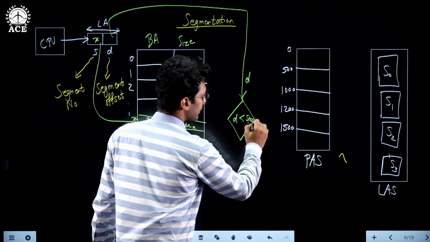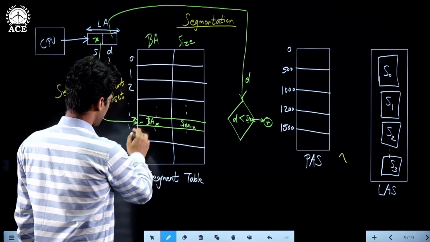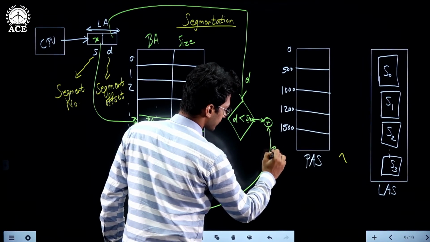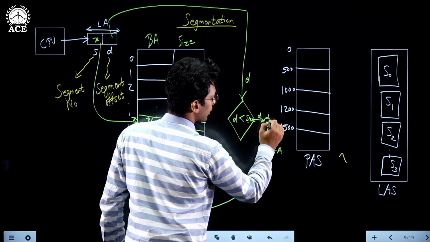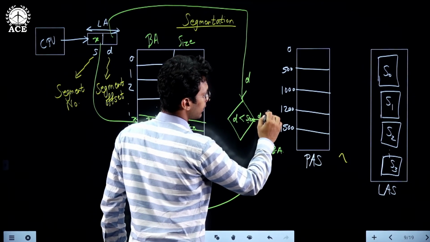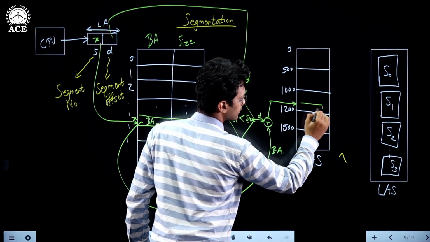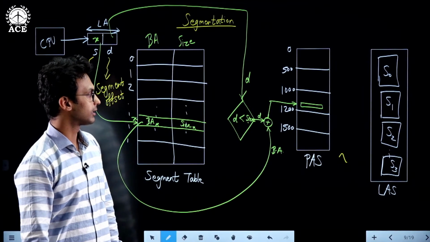We will add this base address with D, then go to that particular point and access it. Done. I hope you are getting it.